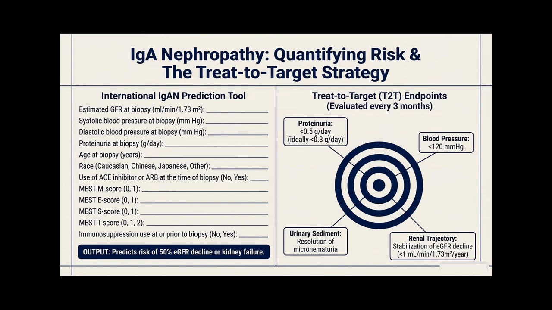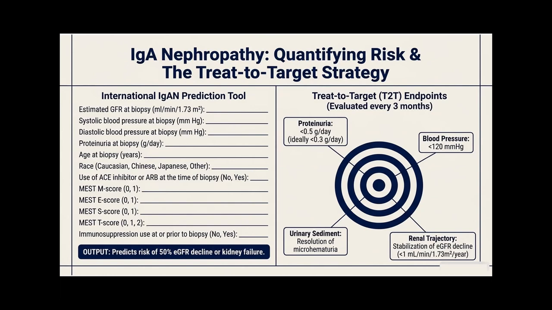I should record eGFR at biopsy, systolic BP, diastolic BP, proteinuria, age at biopsy, race, use of ACE inhibitors or ARBs, and the MEST score, whether all 5 are there, that is M 0 to 1, E score 0 to 1, like that. Immunosuppression use is already there. The output is that it predicts the risk of 50% eGFR decline or kidney failure.